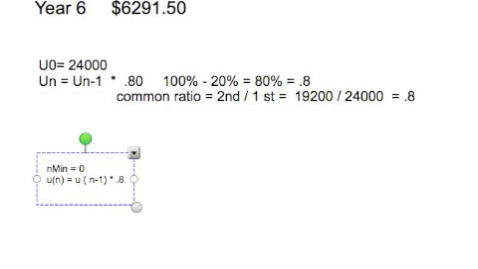And then the third thing you're going to need to put in is the U parentheses N min. That U parentheses N min is the actual starting value of the car, and that is 24,000. When you press enter on your calculator, it will automatically add the bracket. You do not need to add the bracket itself.